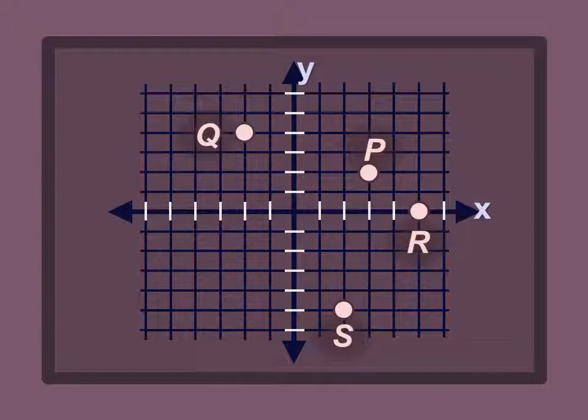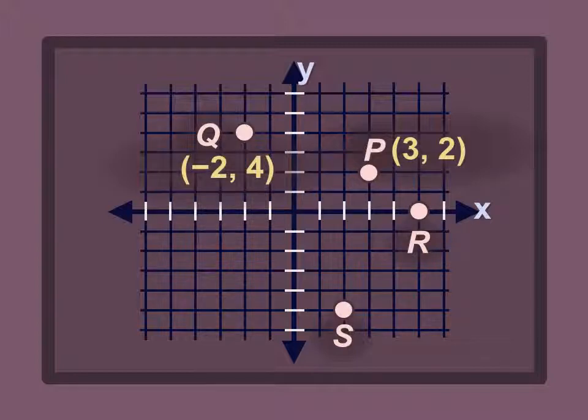Now you have to look vertically. From the origin, how far away is the point P vertically? Well, it's 1, 2, okay, which means that the second number of the ordered pair, the y-coordinate, will be 2. So we would write that ordered pair as 3, 2 for point P.